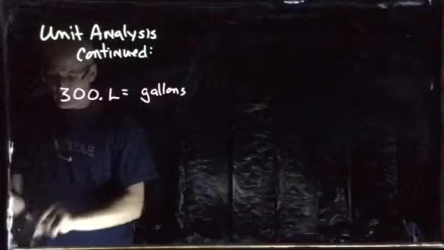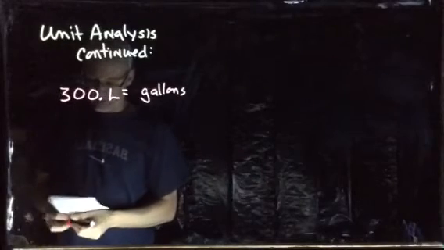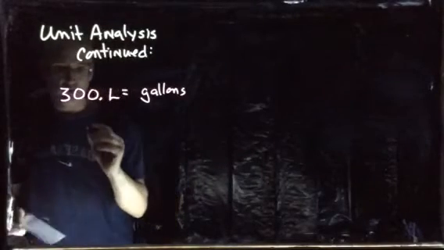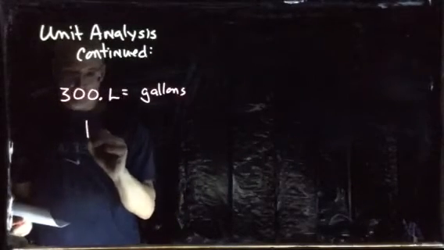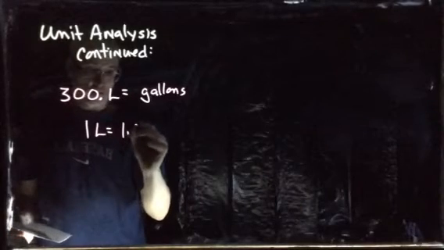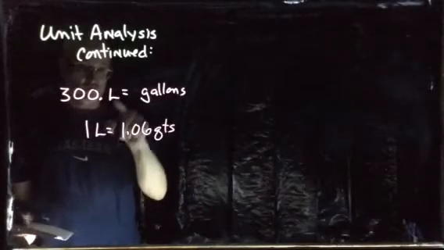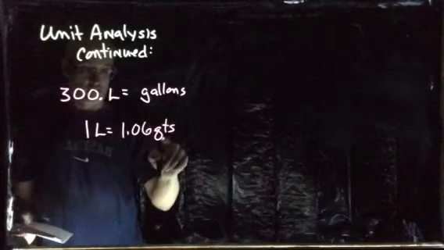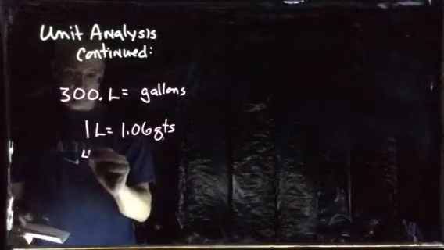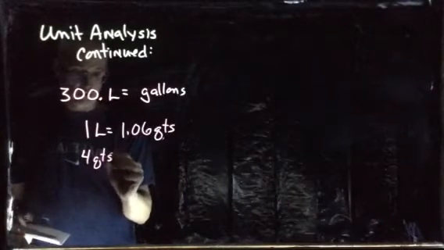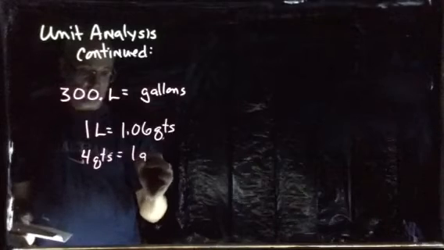And maybe we can't go straight from liters to gallons because we may not know that, so I'm not going to go that route. I'm going to say that 1 liter is equal to 1.06 quarts. That changes the liters to quarts. And hopefully we know that there's 4 quarts in 1 gallon.